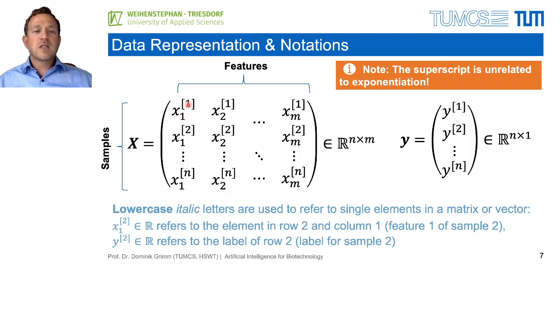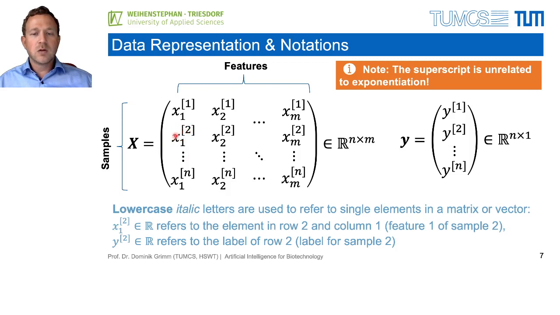So for example, if we use lowercase italic letters, we refer to single elements in our matrix or in our vector. An example: if we write here x index 1 superscript 2, then this element refers to the second row, because we have here the 2, and the feature at position 1. So that's this element then.